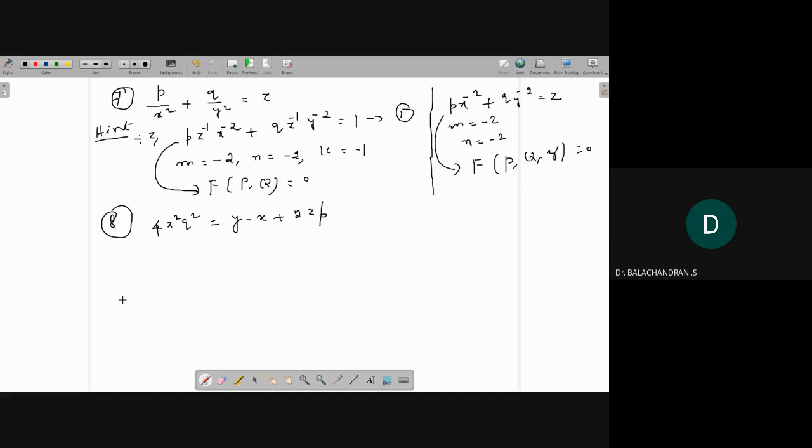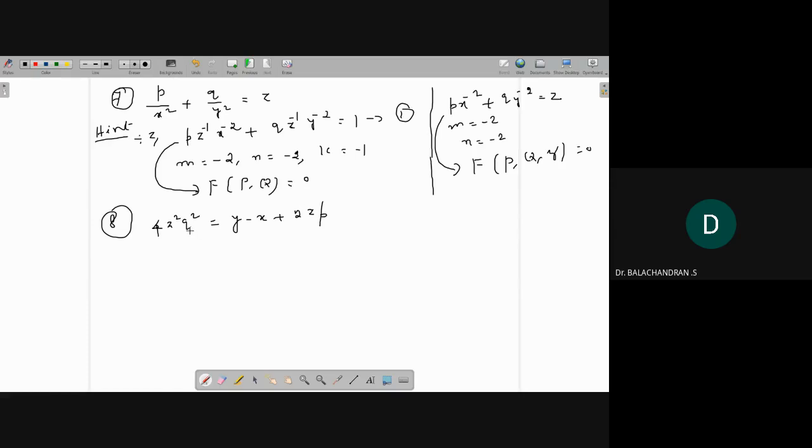So if you know how to solve this problem, you can give the idea. So here you can see y and x are separated. You have all the variables, I think so. x, y, z, p, q.